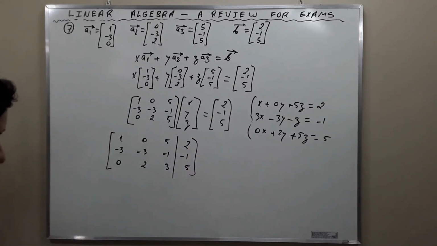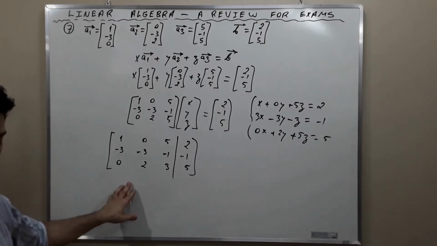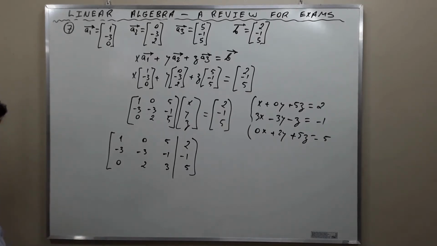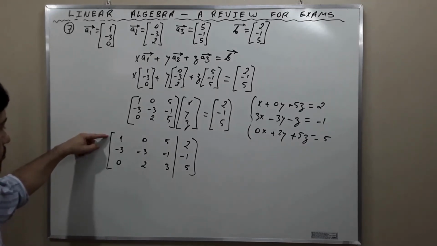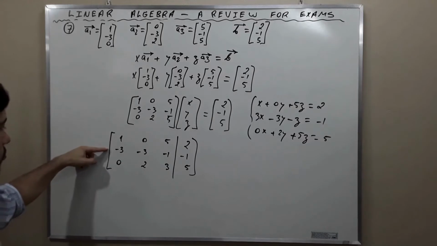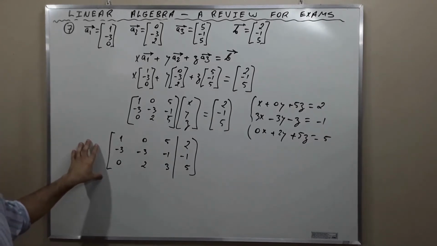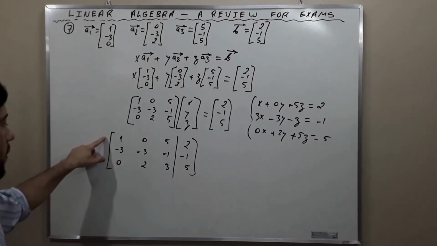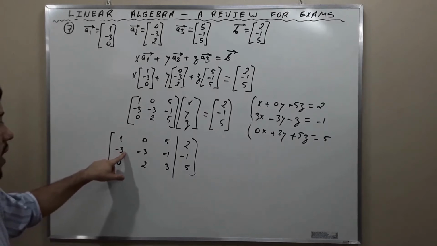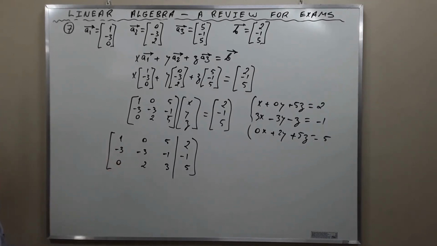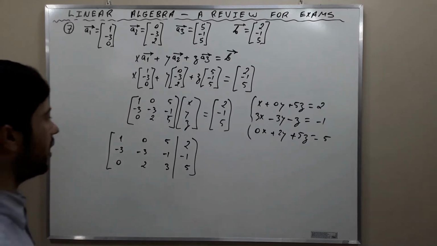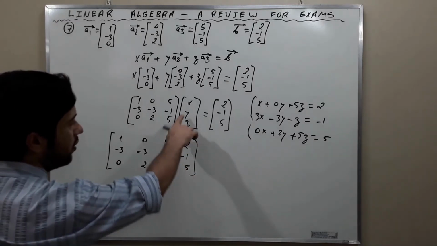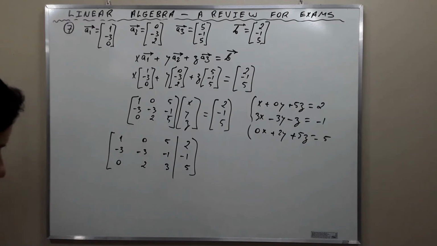Okay, we are going to operate on the rows of the augmented matrix. And when we do this, you need to attempt to create a matrix that is going to allow you to find a value for x, a value for y, and a value for z.